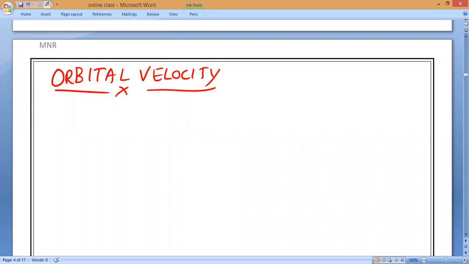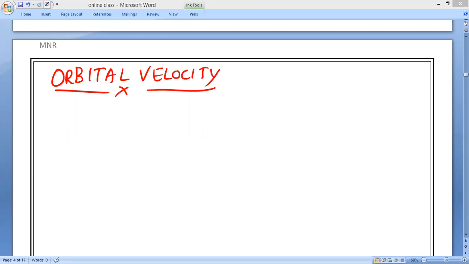The velocity required for an object to revolve around any planet in circular orbit is called orbital velocity.